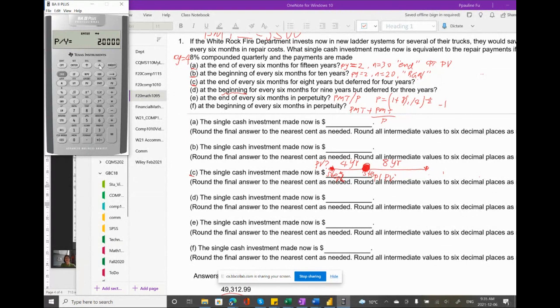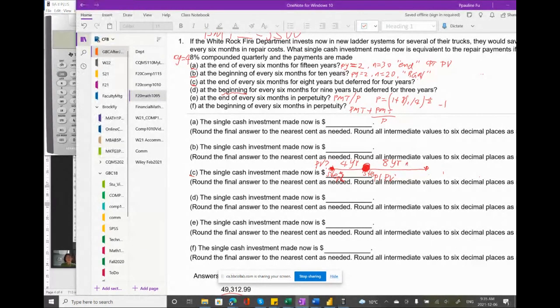And in step 1, for 8 years, term N equal to 16 because every 6 months you make a payment. Interest is 8. PMT negative 35,000, FV 0. You can calculate present value.